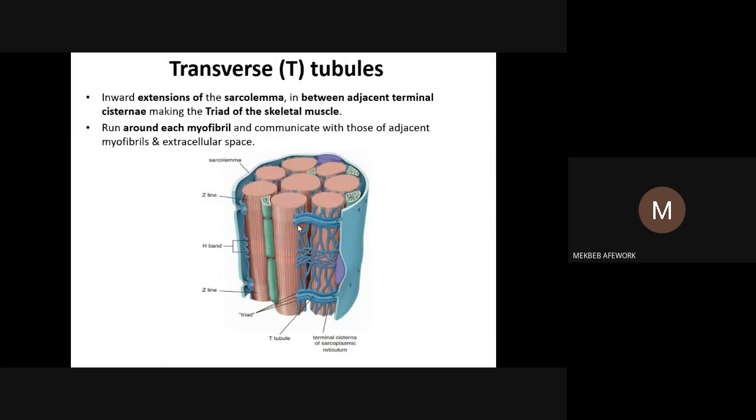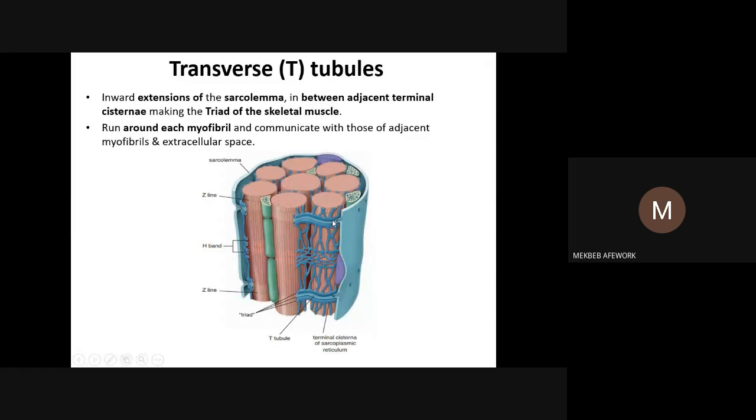Then in order to release this, we have to have the muscle impulse propagated and arriving here. The impulse is to come from the plasma membrane, from the sarcolemma. And this sarcolemma, which gets its impulse when it is innervated, has to get deep inside as transverse projections running between adjacent terminal cisterns as the T-tubule.